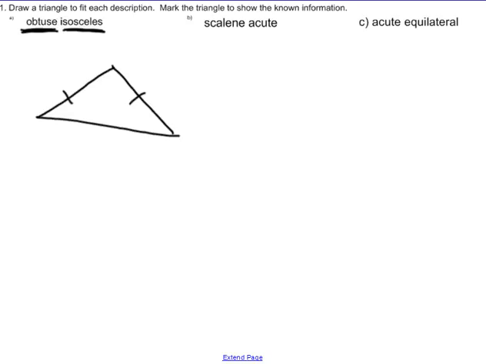Now we're going to do a scalene acute angle. Okay, so scalene means that all the sides are different, and acute means that all the angles are less than 90. So we go like that, and like that. All of those sides are different.